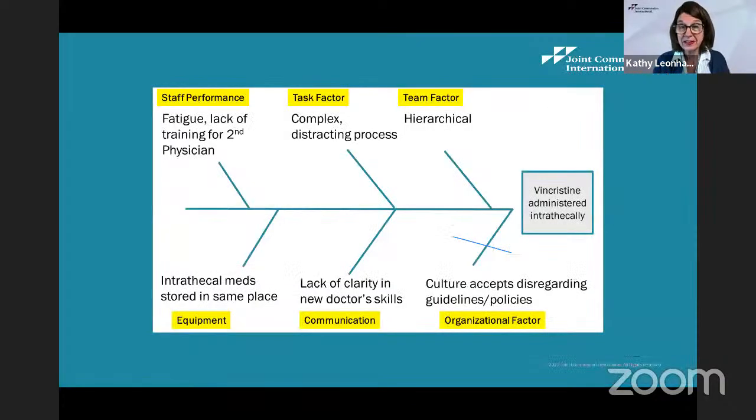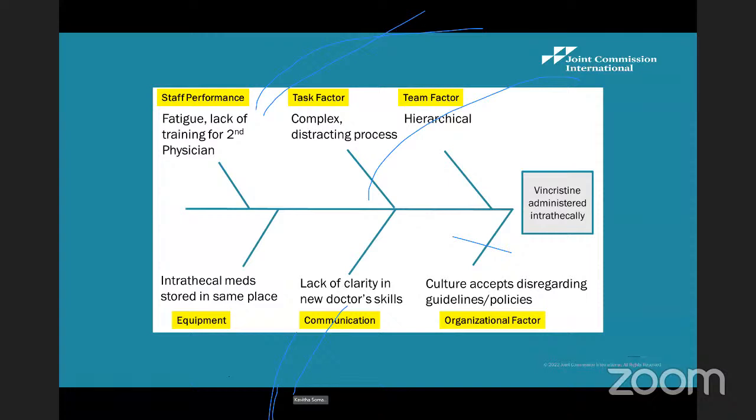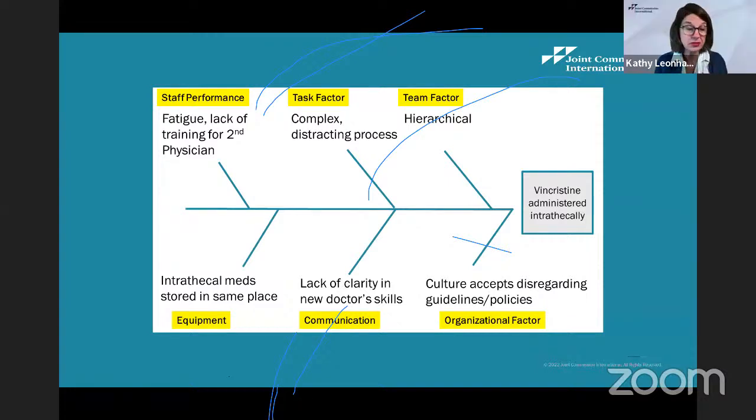So here's an example from one of our teams that evaluated the case study, looking at some of those contributing factors and some of those latent factors. In this organization, the culture was one that accepted the disregard for policies and procedures.